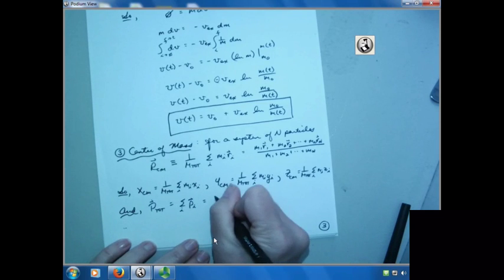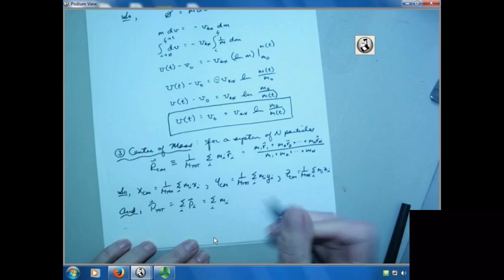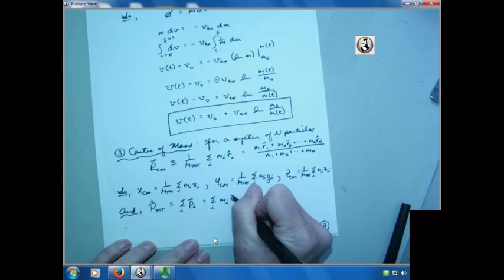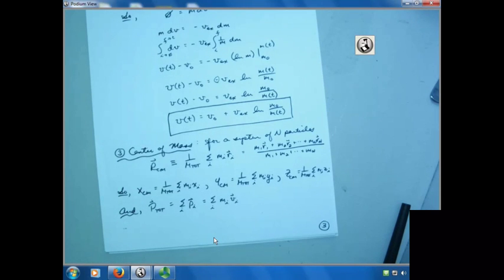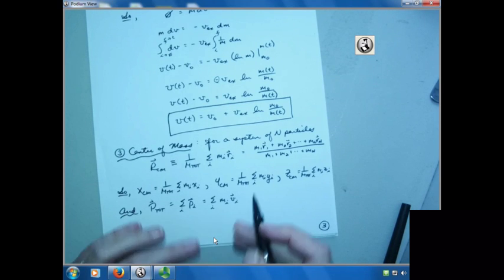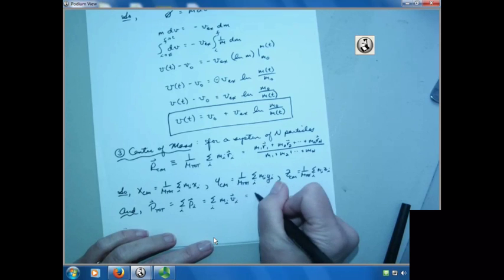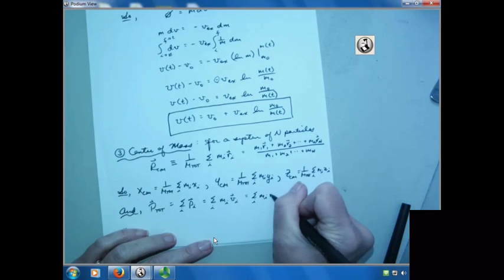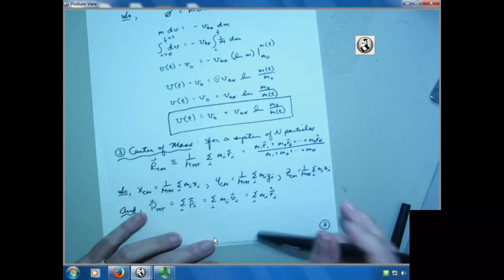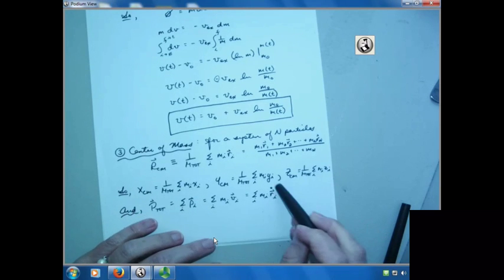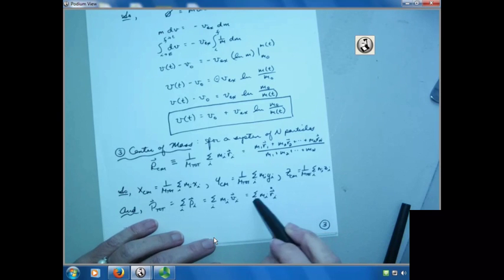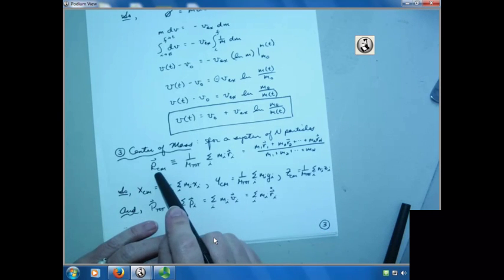And let's remember that momentum for each of those particles is each particle's mass times each particle's velocity. Okay, so I see that this is equal to the sum over i, m sub i, r sub i dot. And then if I think about this expression here, the sum over m sub i, r sub i dot, I see that that is m times the time rate of change of the location of the center of mass.